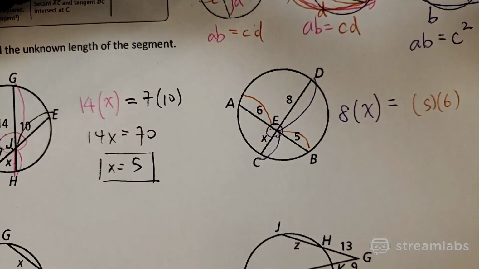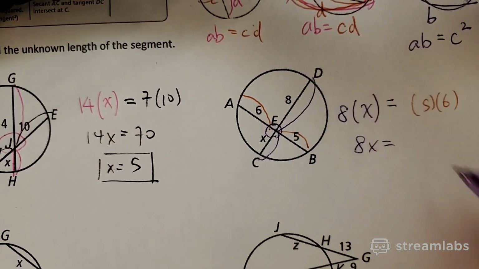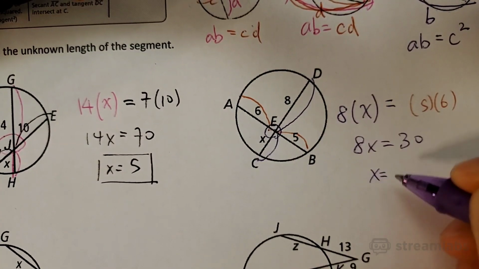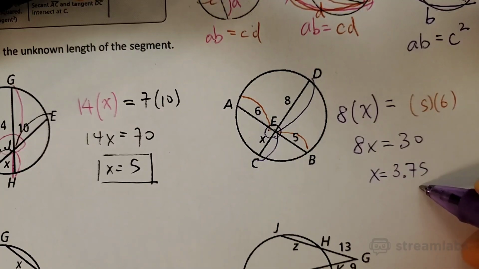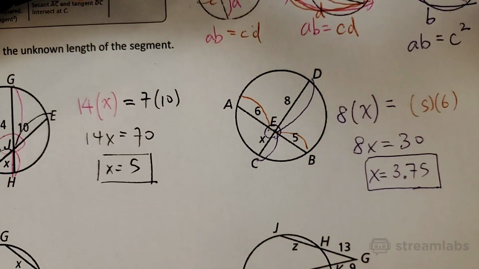So 8x is 30. So x is 30 divided by 8, which is 3.75. People already got the answer. How are we doing? Too fast, too slow, just fine? Seems to be understandable for now.